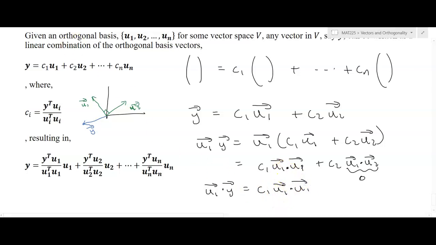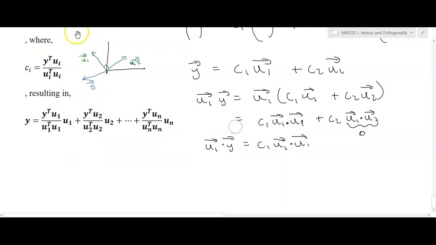That allows me to really easily solve for c1. Since these are scalars, I'm just going to divide both sides by u1 dotted with u1. So c1 equals u1 dotted with y divided by u1 dotted with u1. This tells us how we can find the c1 coefficient.